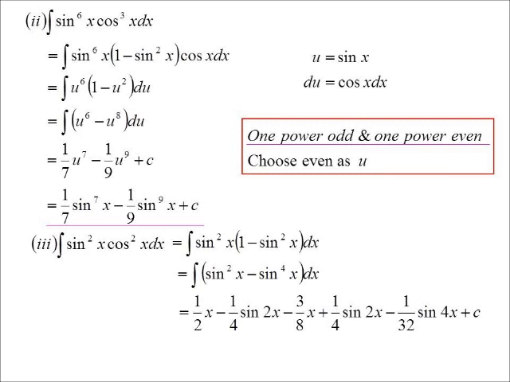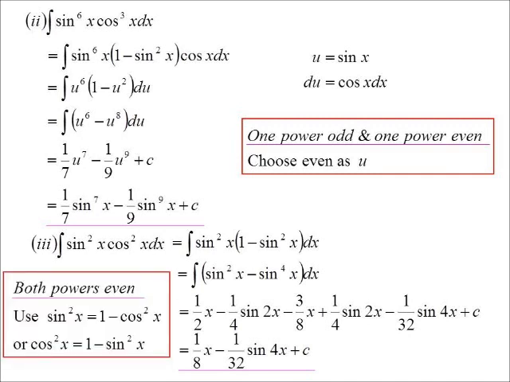Remember, we've already worked out earlier what sine squared was and what sine to the power of 4 was, so I've just subbed it straight in to get my answer. Okay, so basically both even. Either change your sine squared to a 1 minus cos squared, or your cos squared to a 1 minus sine squared. It doesn't matter. But again, you'd go with the lower power, I guess, because that's going to give you a smaller expansion you'll eventually have to do.